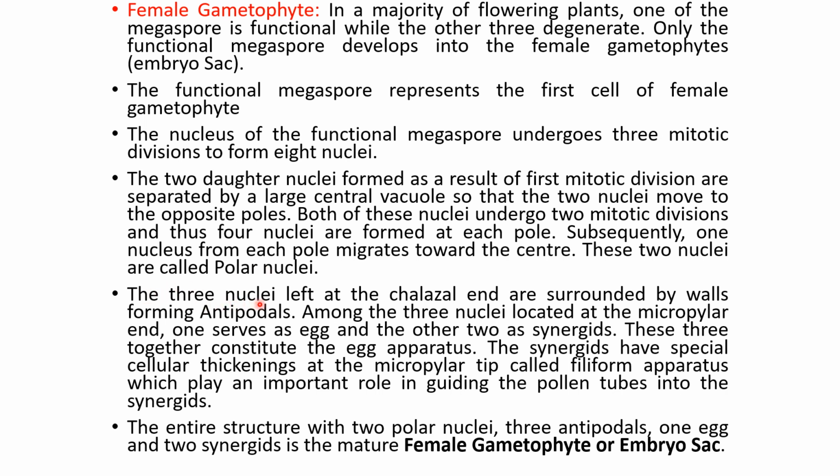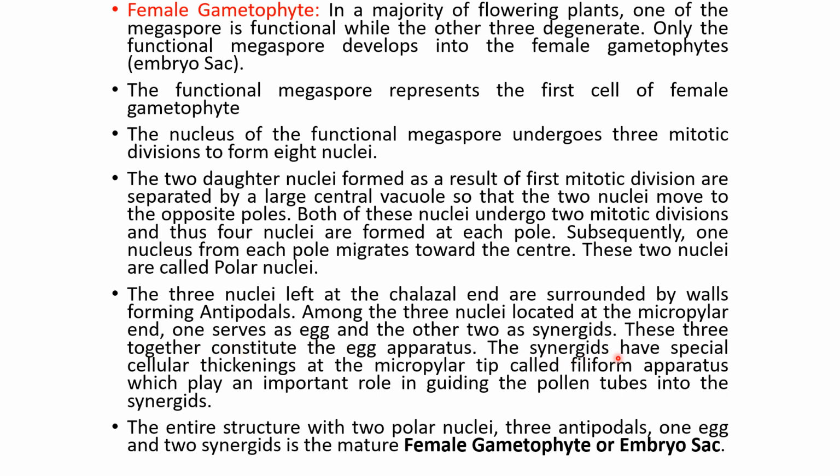The 3 nuclei left at the chalazal end are surrounded by walls forming antipodals. Among the 3 nuclei located at the micropylar end, one serves as the egg and the other 2 as synergids. These 3, one egg and 2 synergids, together constitute the egg apparatus.